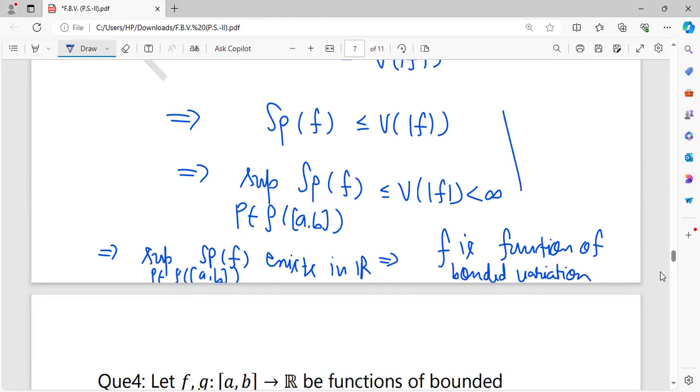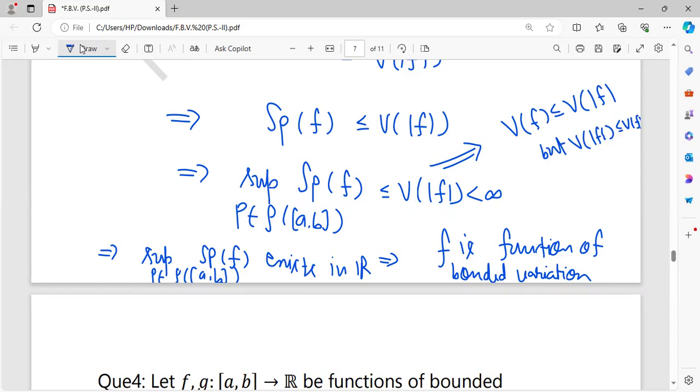Okay, from here I can conclude that variation of F is less than variation of mod F. But we know that variation of mod F will be always less than mod F. So from this and this, what we will conclude, variation of F is variation of mod F in this case.